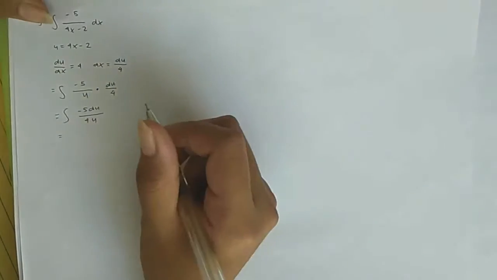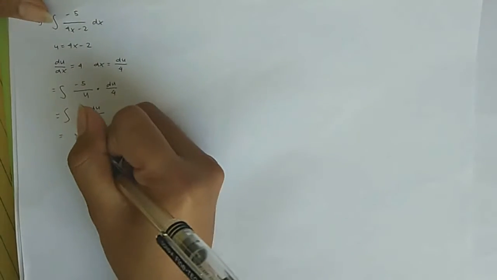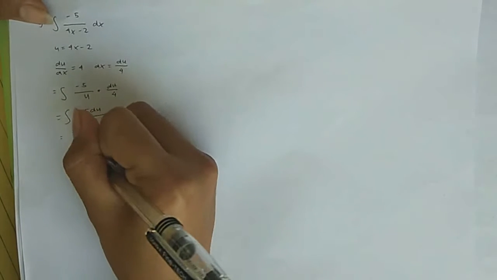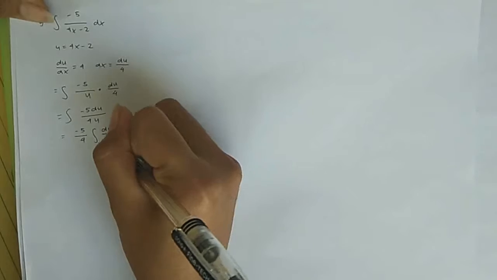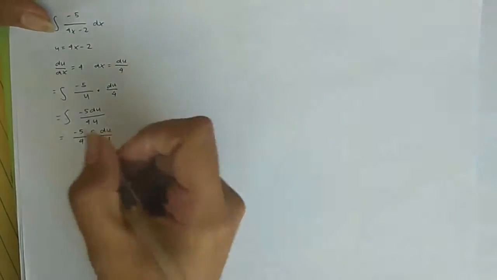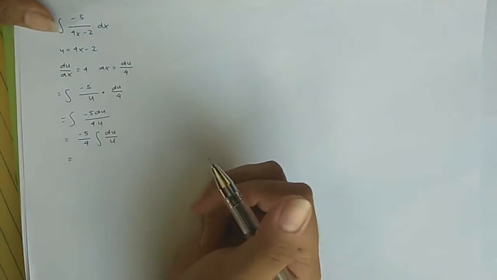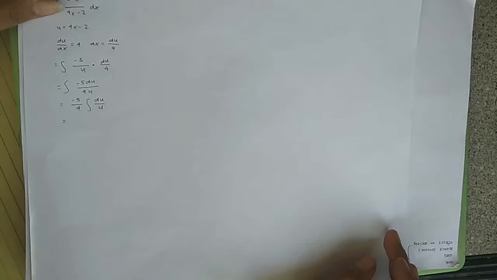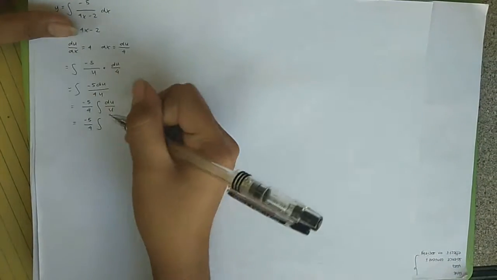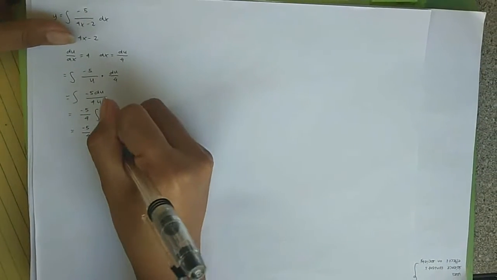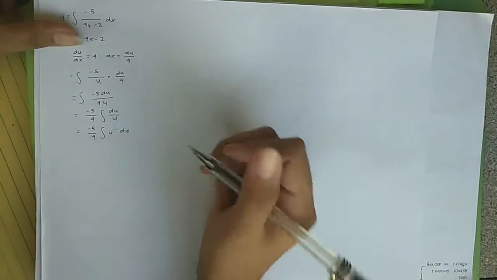Let's put the value of negative 5 over 4 outside the integral. Then we're going to simplify the problem. Negative 5 over 4 integral of u raised to negative 1 du.